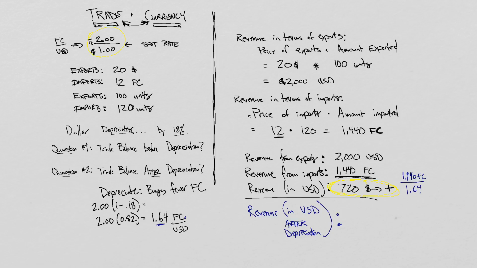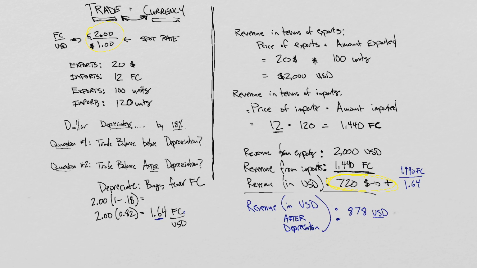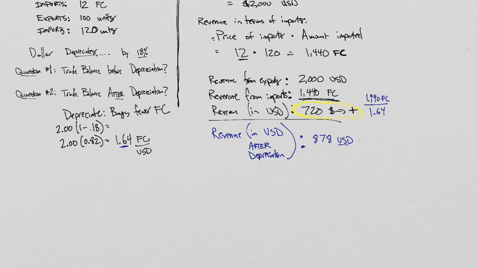And that number is 878 USD. If we're going to look at the trade balance, then we need one final thing, and that's just the change: exports staying the same, but imports going from 720 US dollars to 878 US dollars.